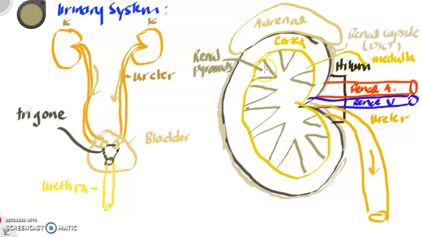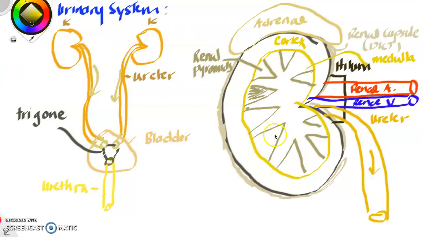And inside the pyramids are a bunch of tubes, okay, called tubules. And they run up and down, sort of like this, towards the point of the pizza slice.